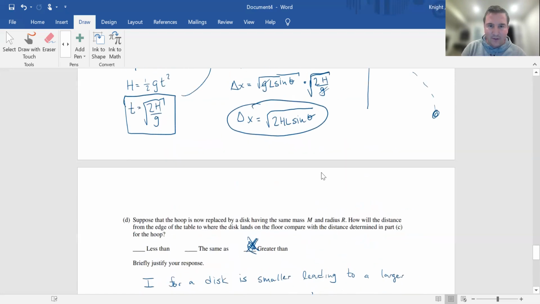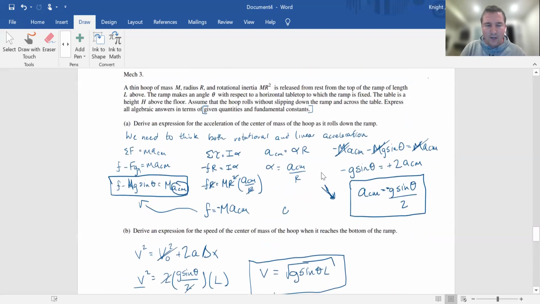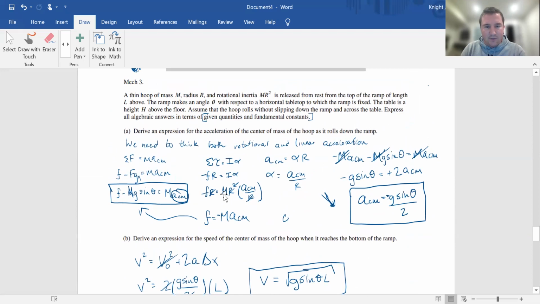So if we take that 1/2 and work it through what we just did, there's a 1/2 right here. That means that F is equal to 1/2 M a_cm.